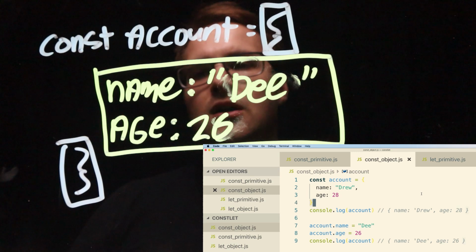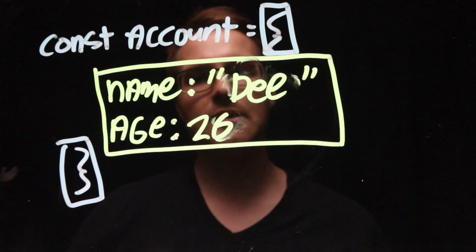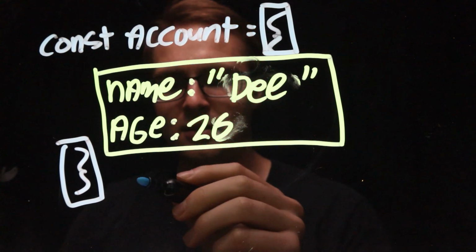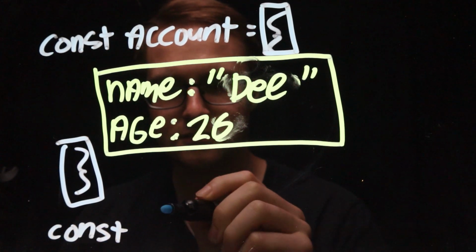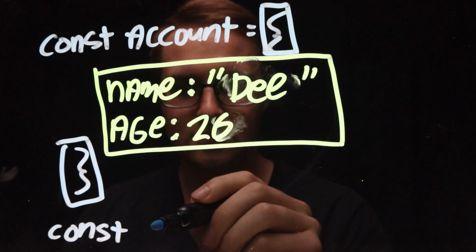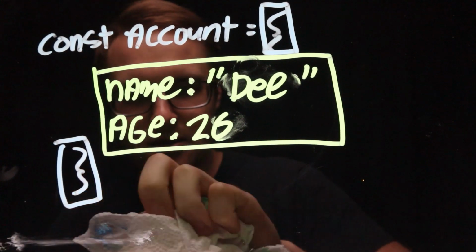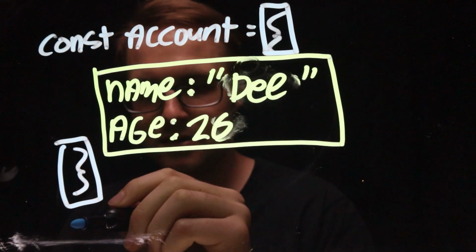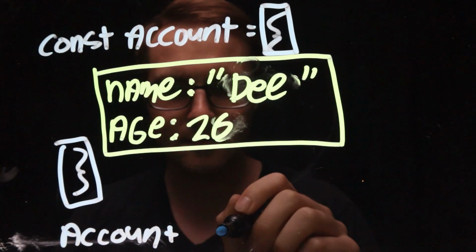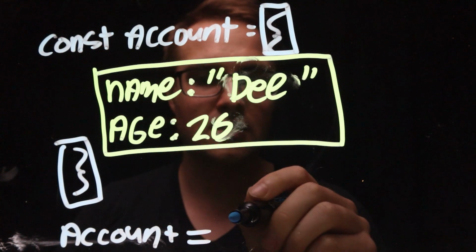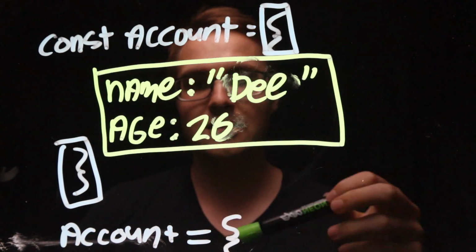If you were to go in and create another object, say, and you were to say const, or no const, sorry. So you're just changing the variable account to be equal to a new outer crust, and then it could be anything, right?